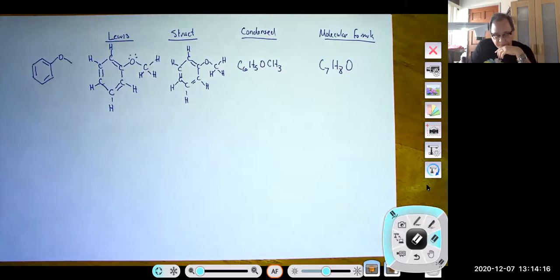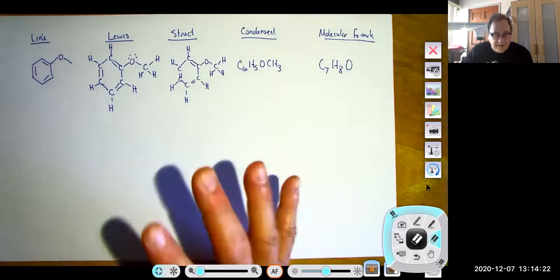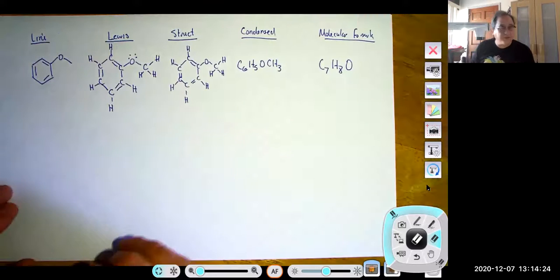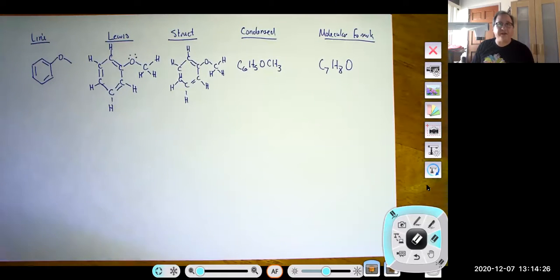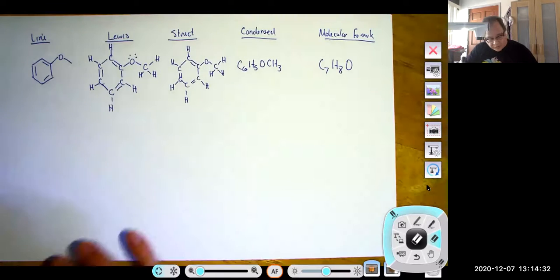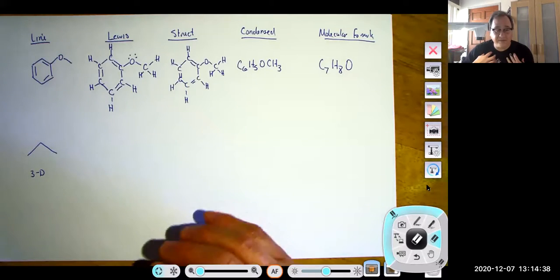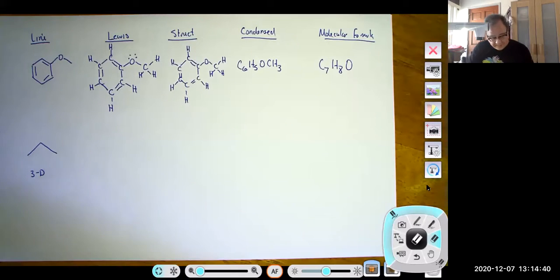This is a way of communicating what the molecule is made out of in a very deliberate way that's very efficient. And what's even more, and I didn't show you this and I'm not requiring it, but I'm going to show you now, is that this is also a 3-dimensional drawing to me. And I'll show you what I mean.